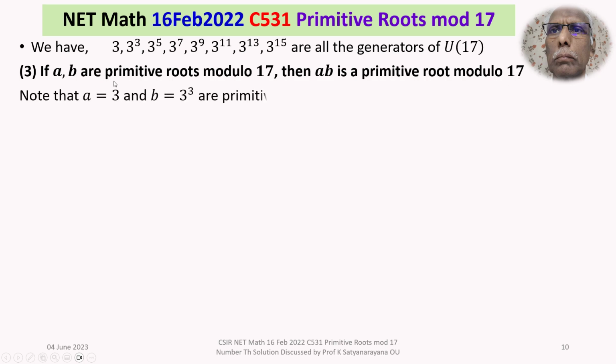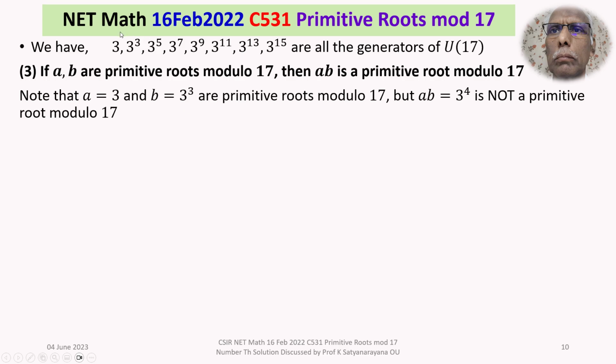We take a equal to 3, which is a primitive root, and b equal to 3 cube, which is a primitive root modulo 17. But its product ab is 3 into 3 cube, that is 3 to the power of 4, which is not there in this set. Therefore, it's not a primitive root modulo 17. Therefore, option 3 is not true.